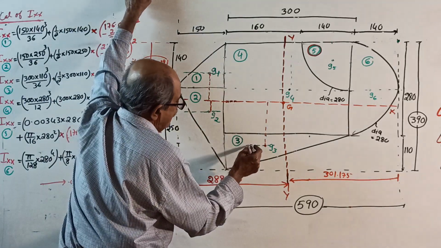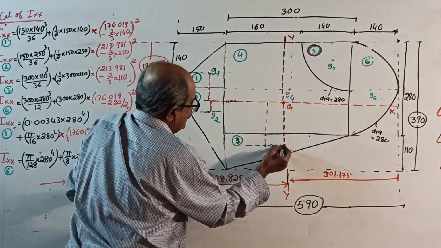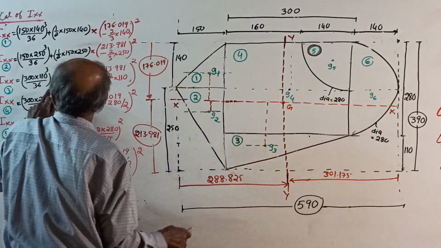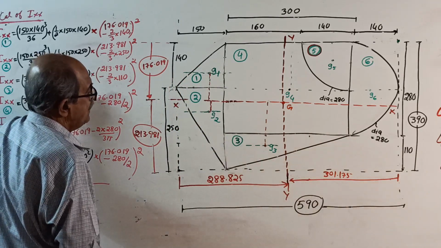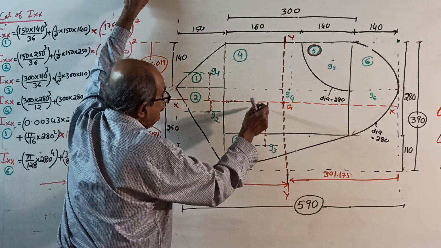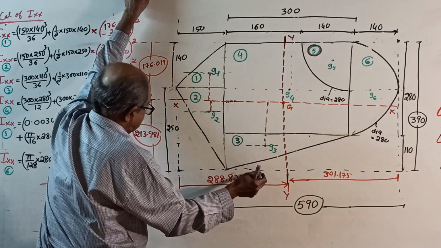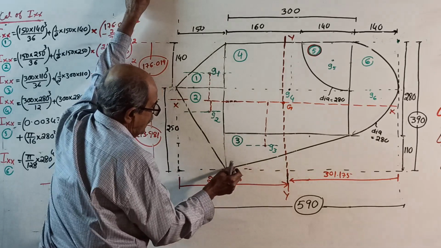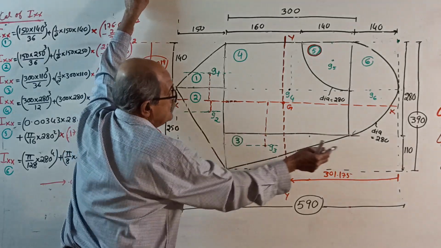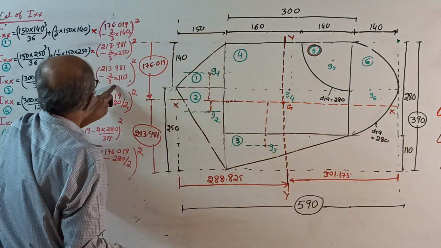3. I about its own centroidal axis, parallel side, 300 into 110 cube by 36 plus area into, see, this distance square, that is 213.981 minus this distance, which is again 2/3 of 110, whole square.